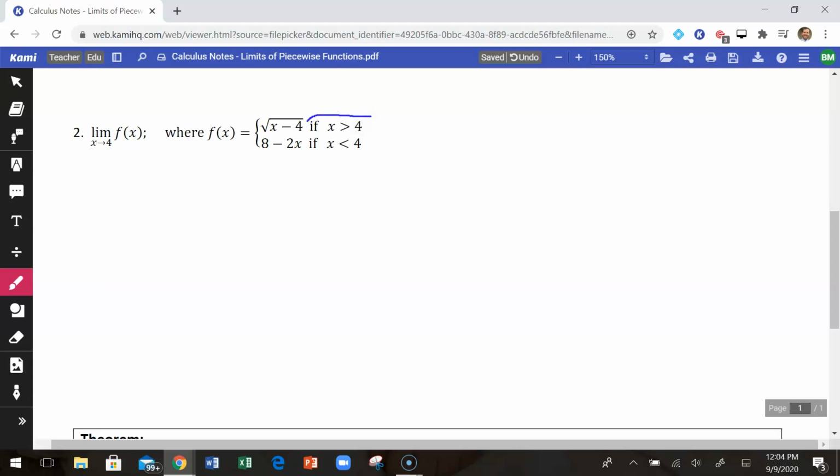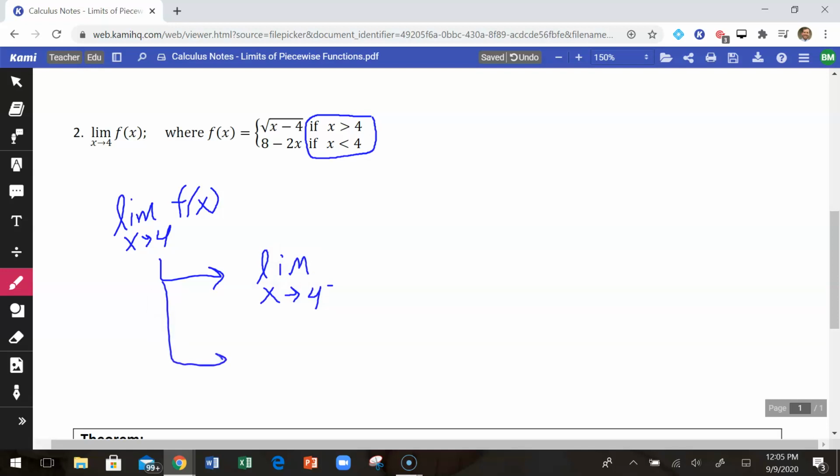Now this time our conditions for our piecewise function are a little bit different. They're not if x equals and doesn't equal a number. It's if x is less than a number and if x is greater than a number. So if you want to evaluate a limit of a piecewise function, and the conditions of that piecewise function are use this if x is greater than that number and use this other thing if x is less than that number, what you have to do is you have to split this limit into its from the left and from the right.